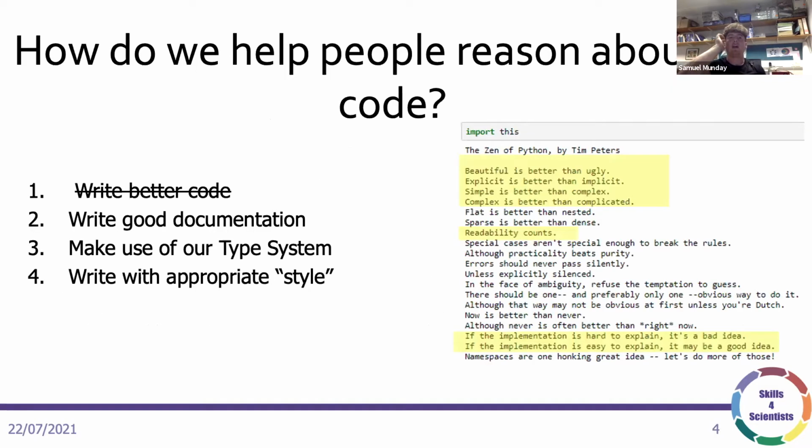So how do we help people reason about this code? Well, we could think about writing better code. We could think about writing good documentation, making use of a type system, and writing with appropriate style. And as you can see, I've kind of crossed out "write better code", because I don't actually believe that writing better code, in inverted commas, leads to good readability.